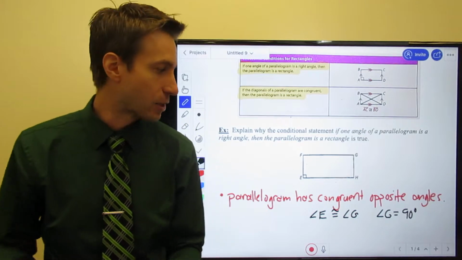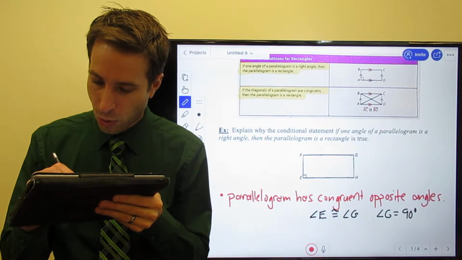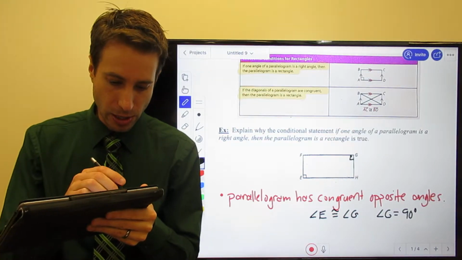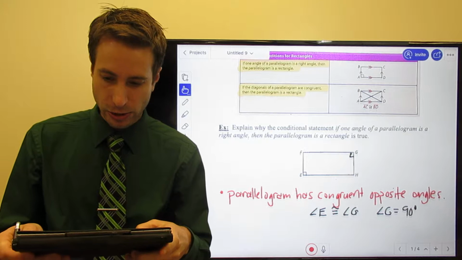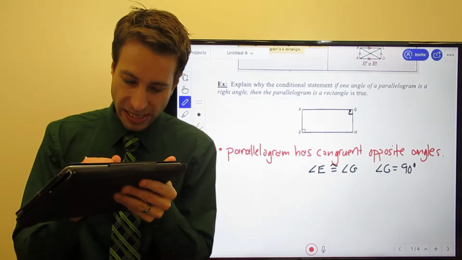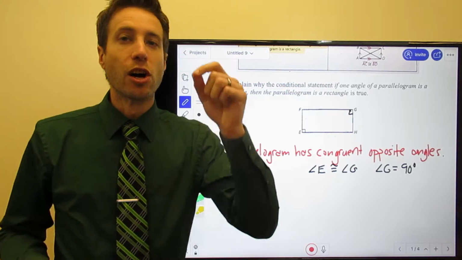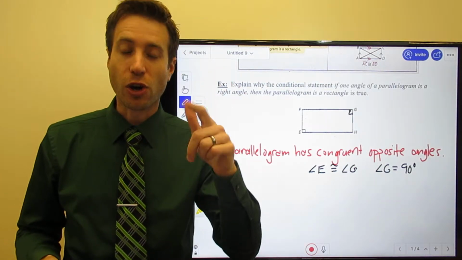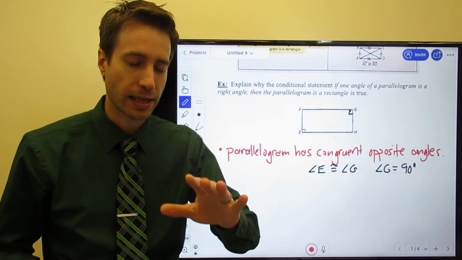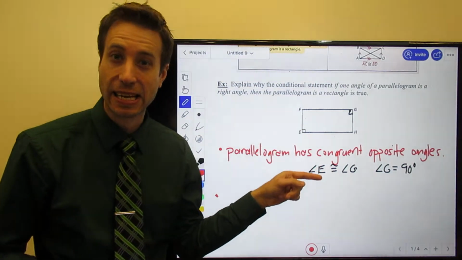Here we go, the next one. Now I know E and G. What else do we know about parallelograms? Let me slide up just a little bit so I'm not squeezing on you. The next thing I know about parallelograms is this: consecutive angles, angles that are right next to each other.